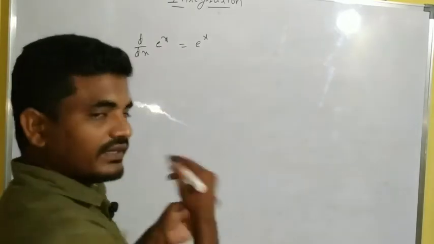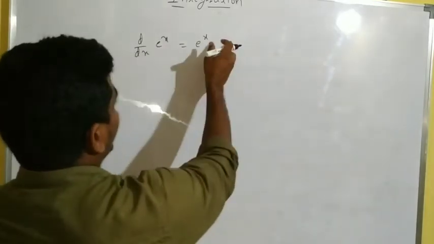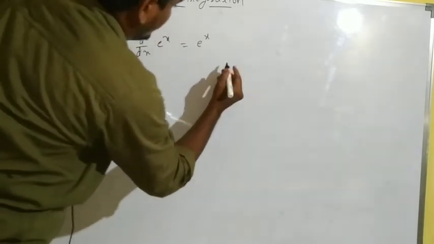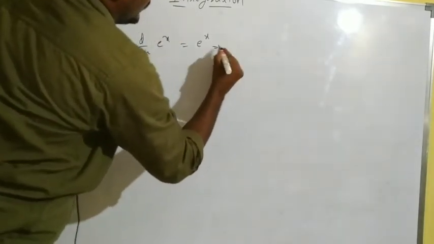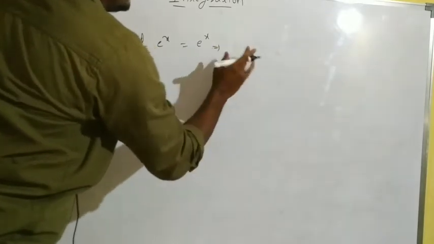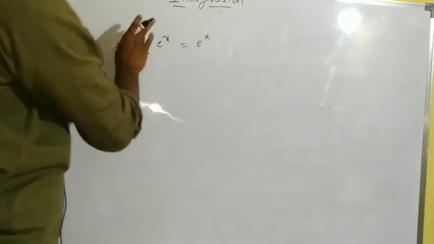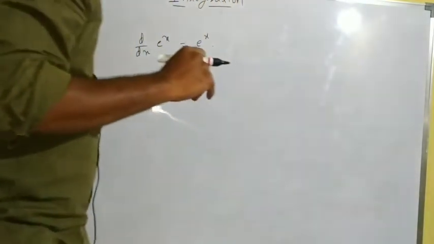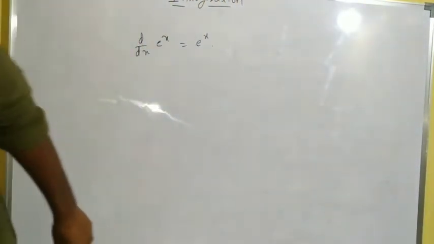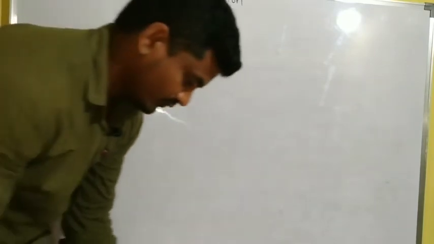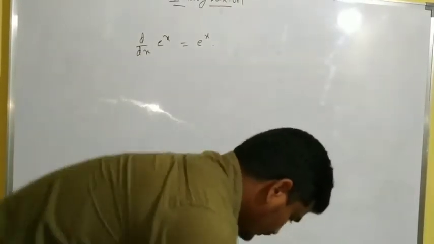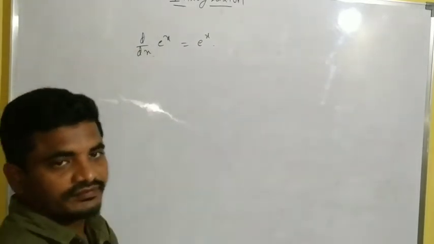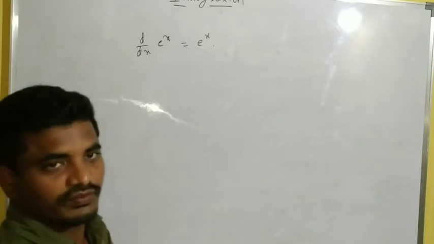So when you write its integration, we send d by dx to the right side. d by dx of e power x equals e power x, we know.